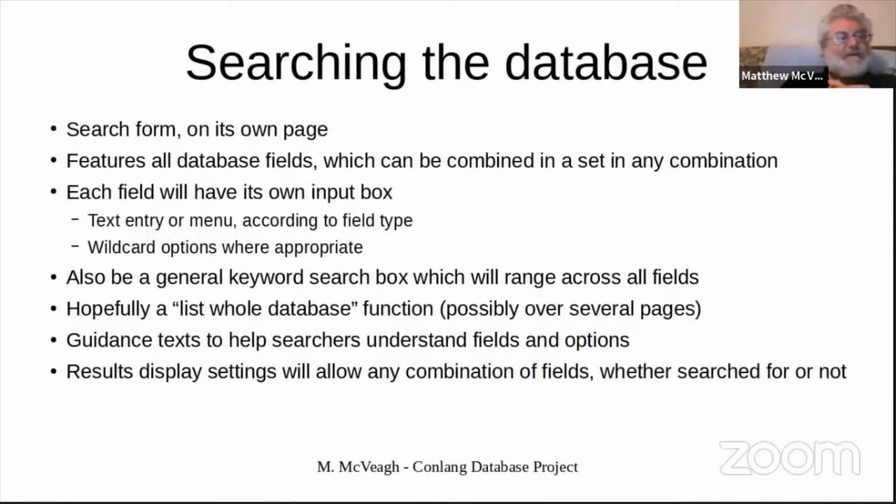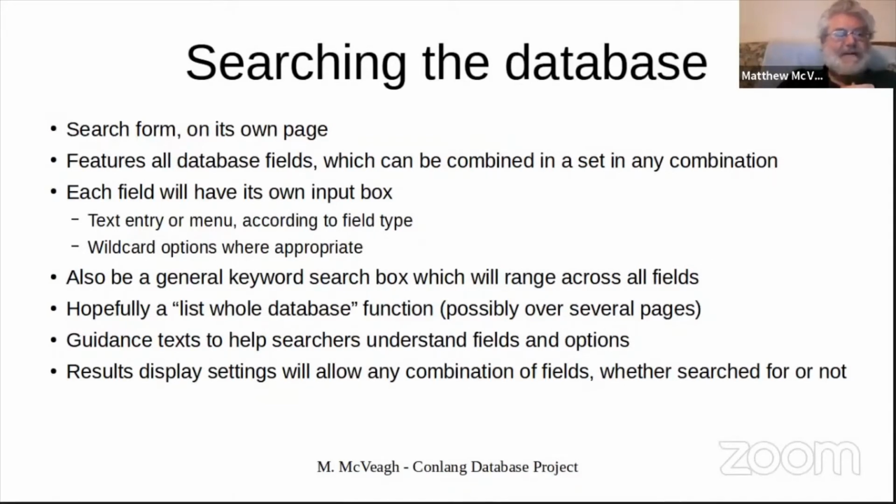We haven't implemented this yet, but we intend to have a wildcard option. So if you know, for instance, that a language begins with AL and ends in IAN, you can put AL, wildcard character, IAN, and that will find it if it's there. There should also be a general keyword search box, which is not specific to any one field, but will range across all the fields.